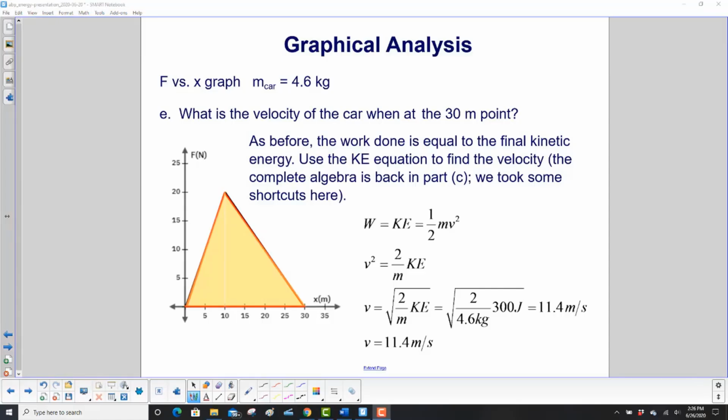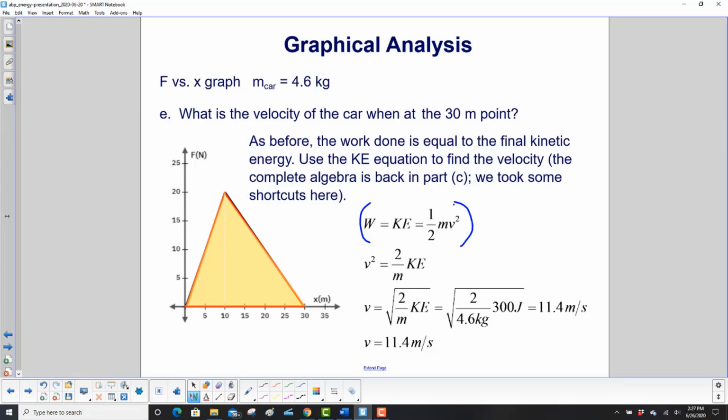What is the velocity of the car at the 30-meter point? As before, the work done is equal to the final kinetic energy. Once again, use the kinetic energy equation to find the velocity. We showed the complete algebra back in Part C. We took some shortcuts here just to save some room. So our work is equal to KE, which is equal to 1/2 mv squared. And let's see if we can just do this in our head maybe.